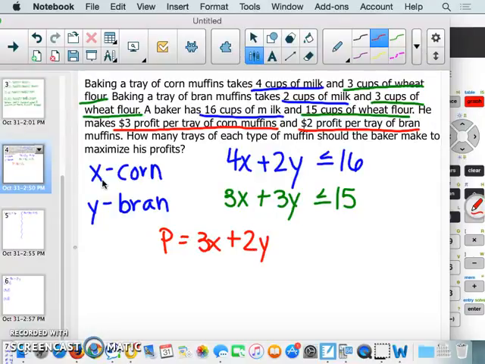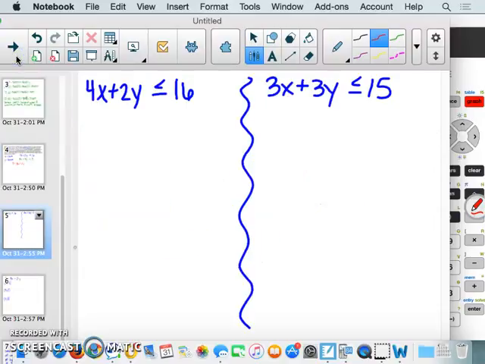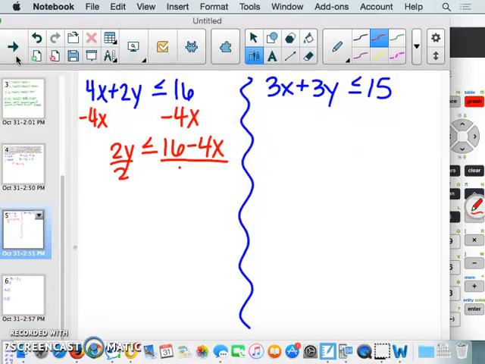So in order to put these in the calculator, we need our 2 constraints. These 2 constraints right here need to be written in y equals form. So in order to do that, we have to subtract 4x from both sides. So we have 2y is less than or equal to 16 minus 4x, and then divide by 2.